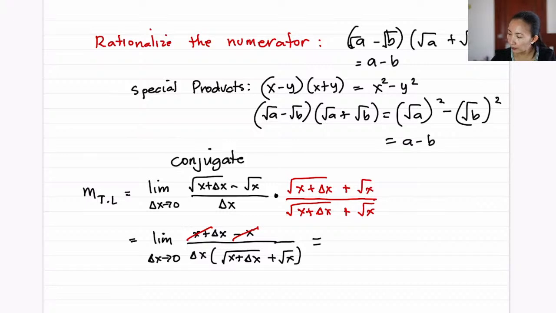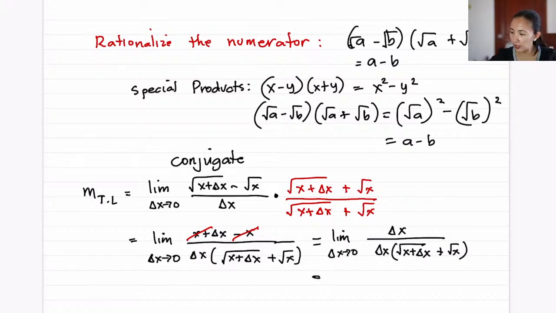Limit of delta x all over delta x times the square root of x plus delta x plus the square root of x as delta x approaches 0. Okay? So, what will we do there? Any idea? Limit of what?